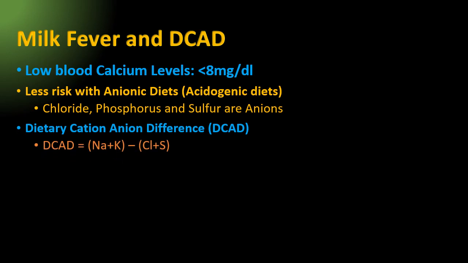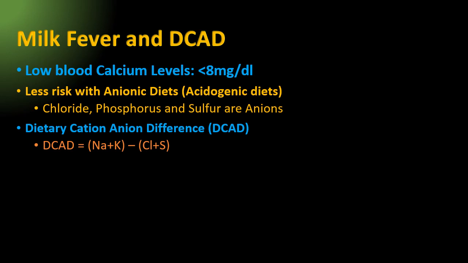So rations high in cations relative to anions, or having a higher or positive cation anion balance, are considered alkaline rations, whereas rations that are low in cations relative to anions, or having a low or negative cation anion difference, are considered acidic.